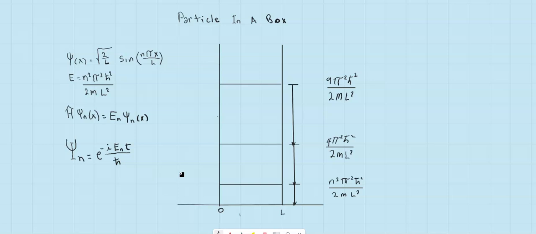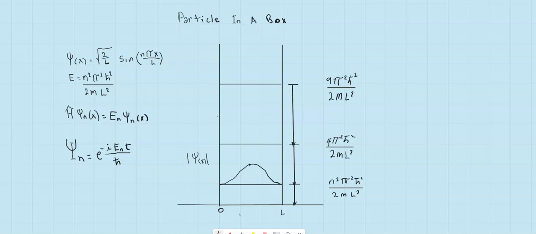But now, when you square psi of x, instead of having this node, I'm going to put it right in the middle. It's going to go up, then come down, smooth like this. I'm trying to do my best.